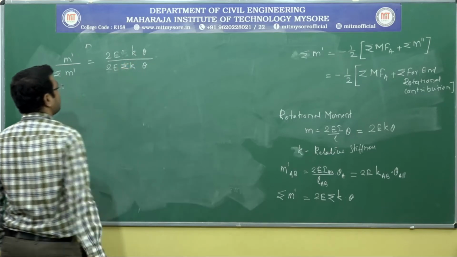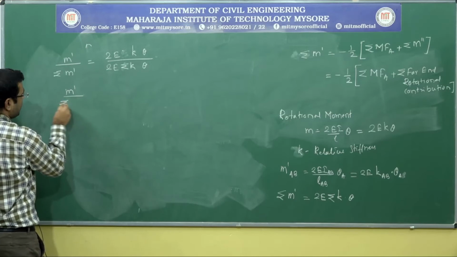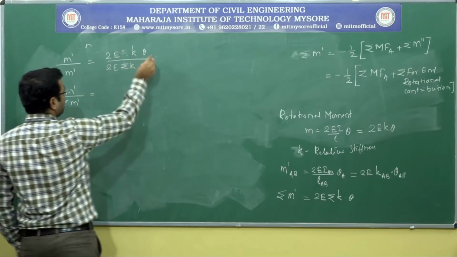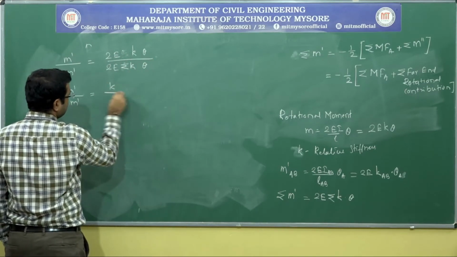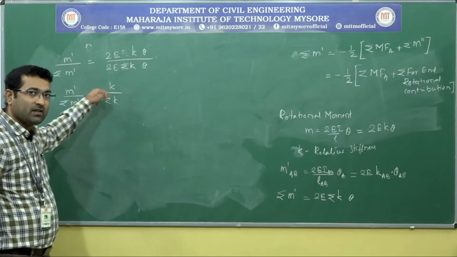So here it is the summation of K. Now the rotational contribution divided by the total rotational contribution at any joint, everything will cancel, and we will remain with K by summation of K.